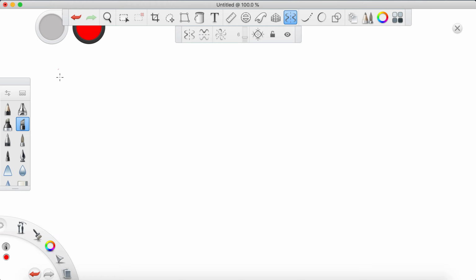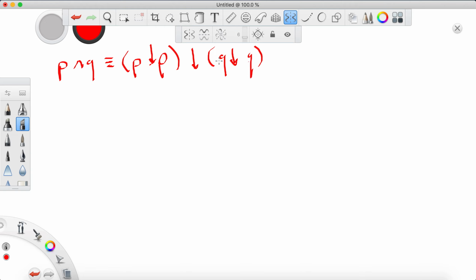Okay, this next one is pretty funny. P and Q is logically equivalent to neither P nor P, nor neither Q nor Q. Very, very weird.